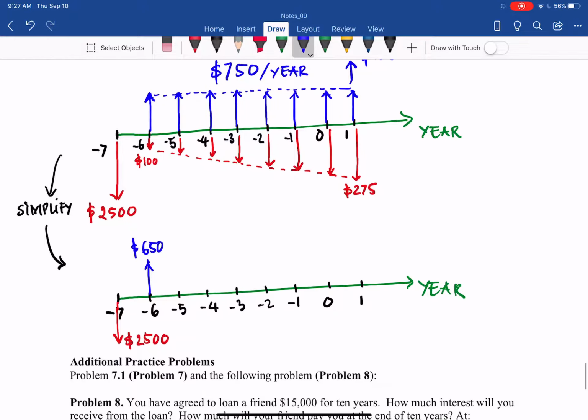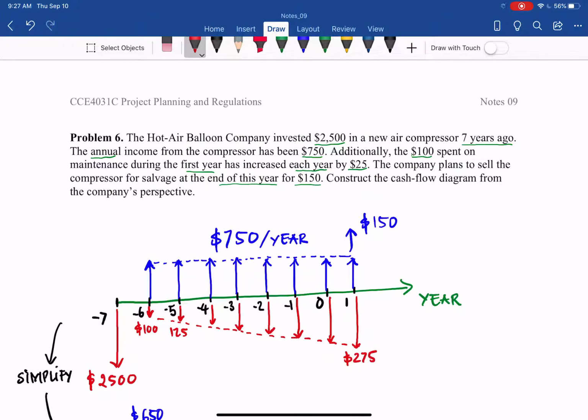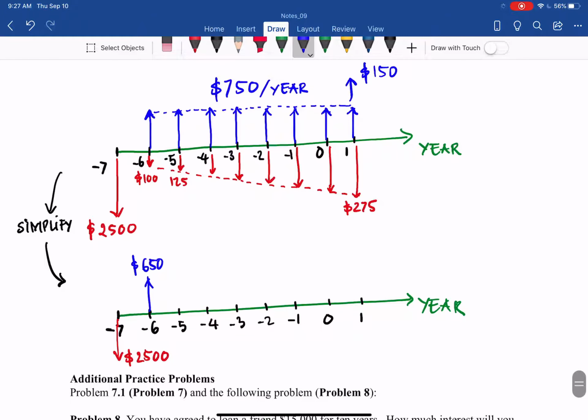Similarly, we have 750 and 125, so it goes down another $25, which means 625, and so on. At 0, we subtract and it becomes 500.